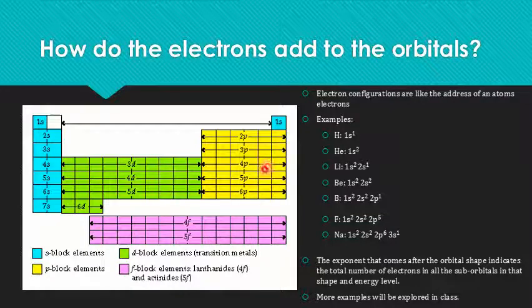So this element right here in the box would be bromine. So bromine would have every orbital coming before it. So the last things it would be adding would be 4s, and then 3d, and then 4p. Well, its valence electrons are the ones in the outer energy level. So the 4s and the 4p are the outer energy level.